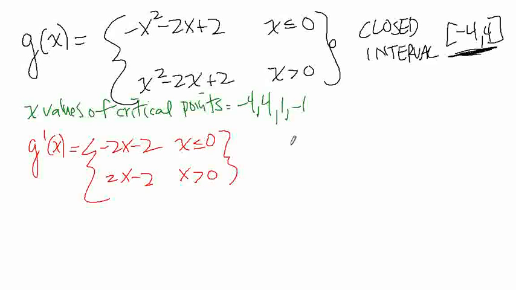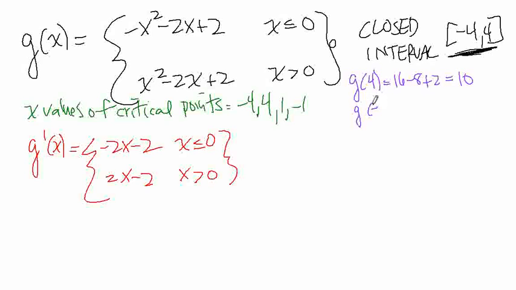Now, to wrap up the absolute extrema, let's find the function values for all of those points. So g of 4 is equal to 16 minus 8 plus 2, which is 10.